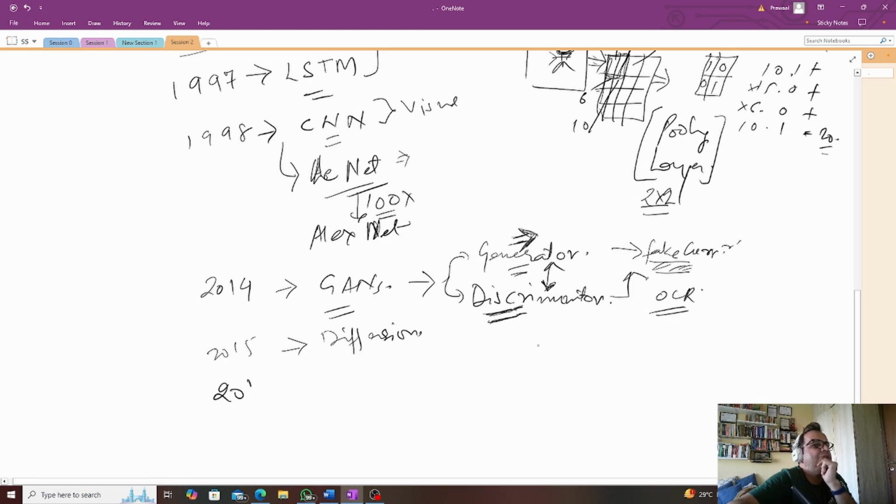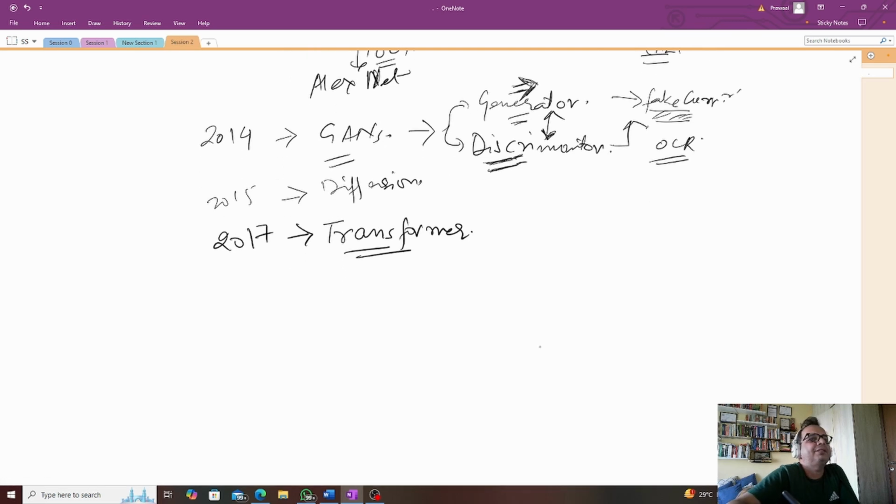And then in 2017, there was a very, very big breakthrough framework in deep learning networks, which is called the transformer. What happens in a transformer is that there is an encoder which encodes the input into some kind of intermediary, and then there is a decoder that uses this intermediary and decodes it into output.